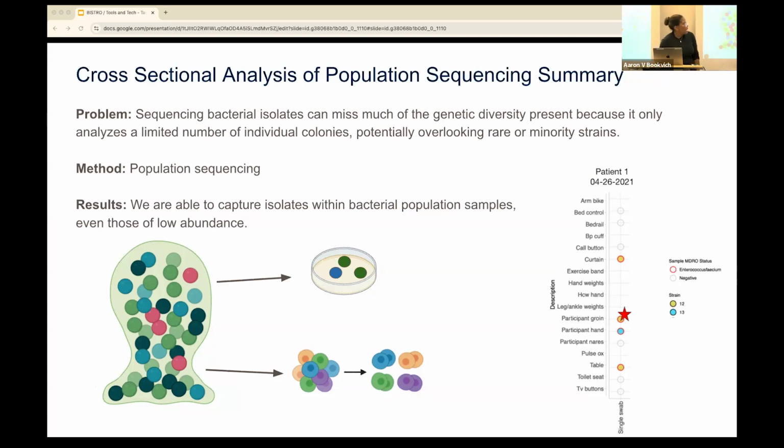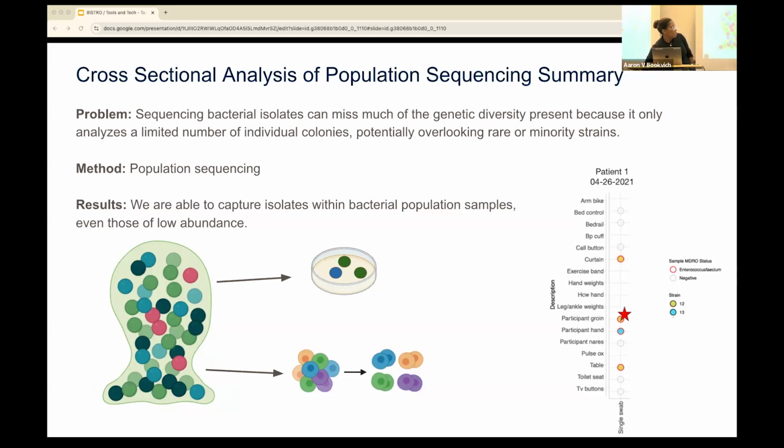And so this over here is an example of this patient. I tried to shrink it smaller. Different samples were taken across their environment: the curtain, their groin, the table, and their hands during this day. With traditional methods, after having all 4 of these isolates, I'm able to separate them into 2 categories by looking at SNP distance thresholds.